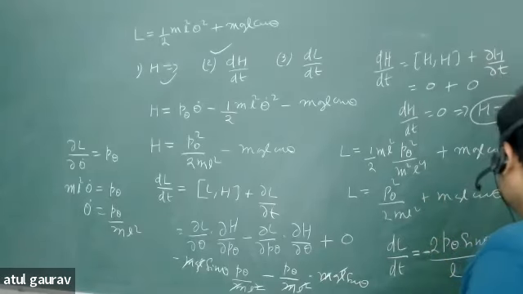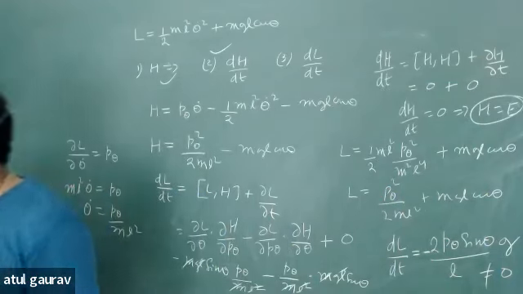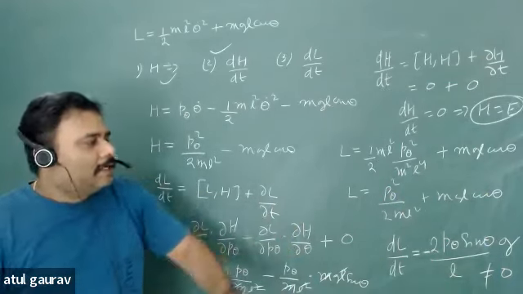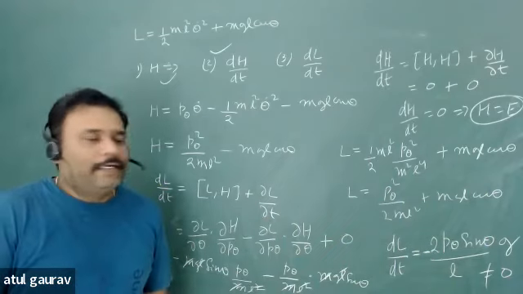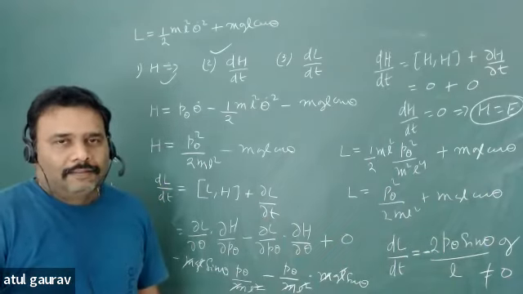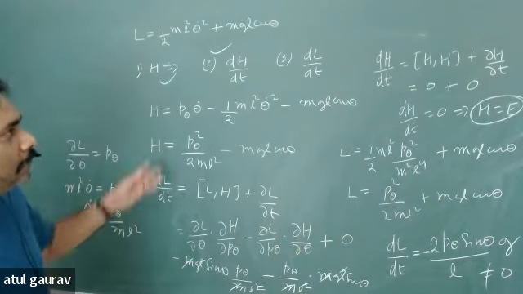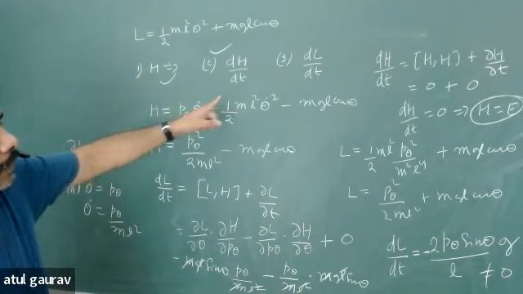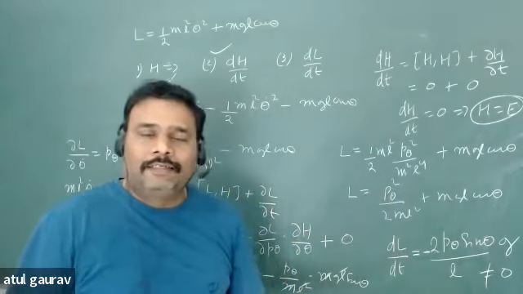And now this is not equal to 0, please, this is more interesting. What comes out is a different matter, but the most interesting thing is this is not equal to 0. Are you getting my point? Yes. And you can see, for the same system, the Hamiltonian, which is T plus V, is a constant of motion.